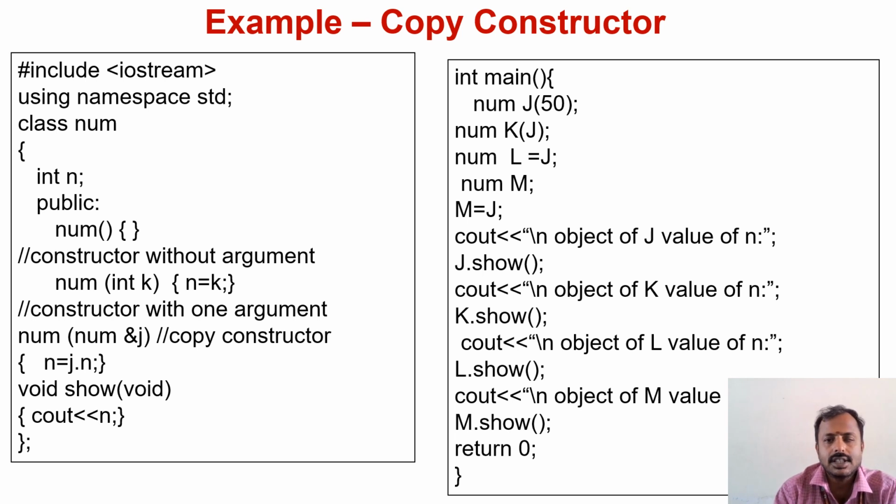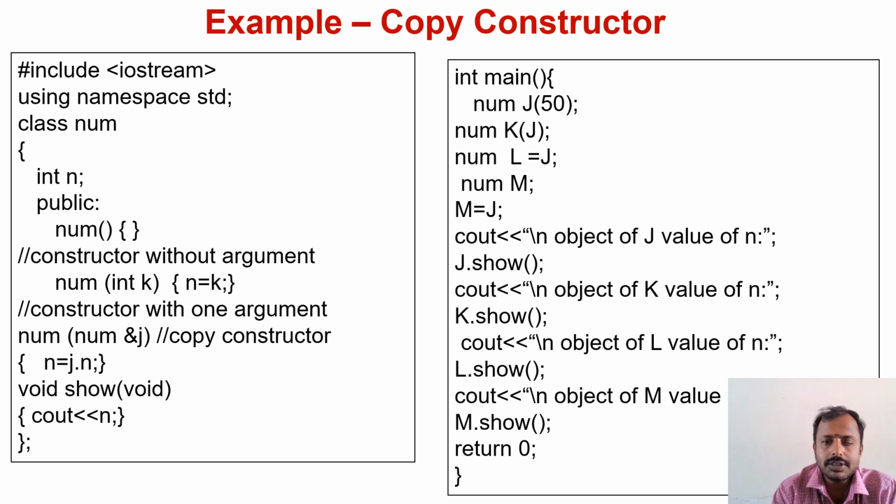In the main method, first I am writing num j(50). This is a parameterized constructor. When I invoke this statement, the parameterized constructor will be called, which assigns n the value of 50.